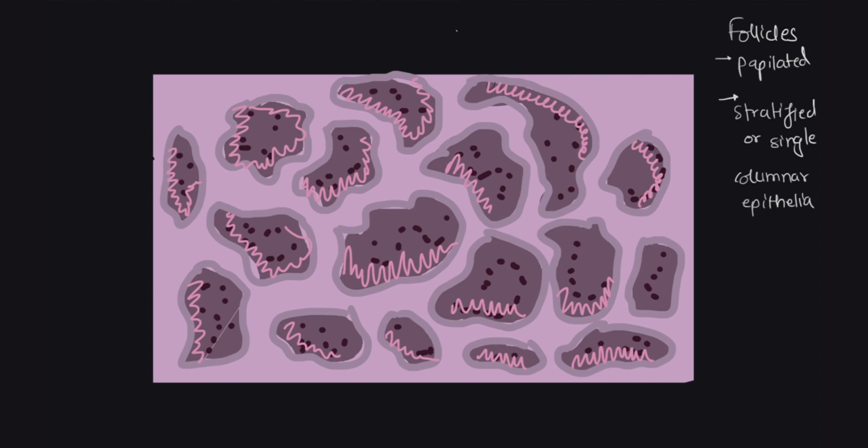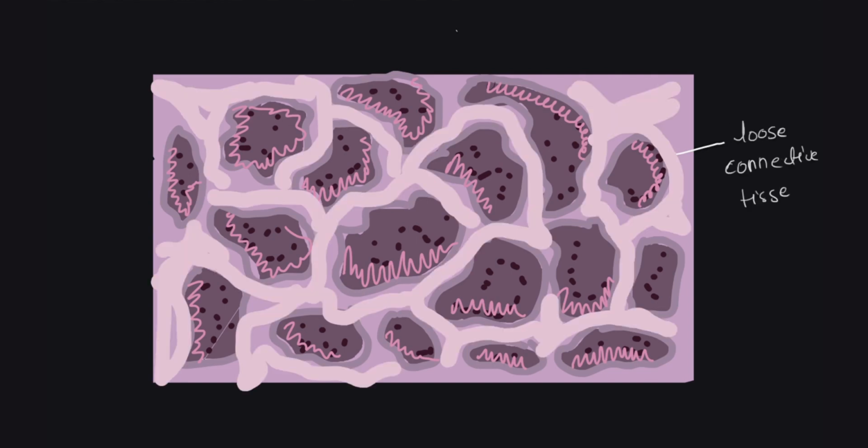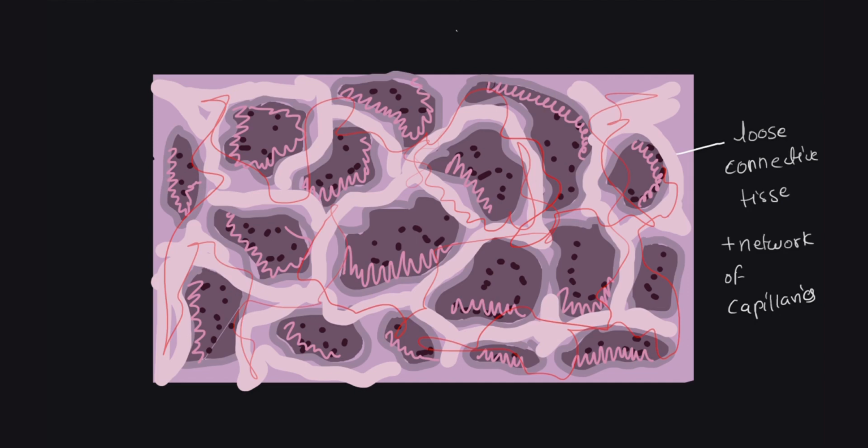Then the outer surface of the follicle is surrounded by a follicular capsule, and the spaces between them are separated by loose connective tissue. We also have a vascular supply within this loose connective tissue to give nutrients to the follicles.